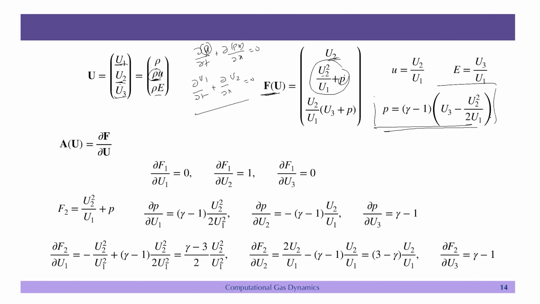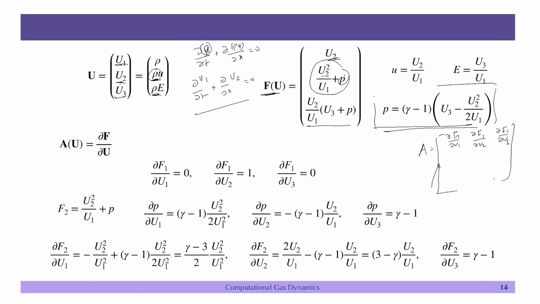So, everything you have to write in these variables. Similarly, you can write for the energy, which is rho e, which is u3, in this form. Now, you want to get a Jacobian, which is basically del f1 by del u1, del f1 by del u2 and del f1 by del u3. That is the top one.